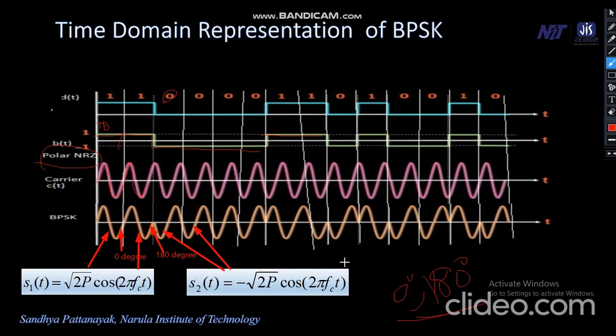So the phase shift at the junction over here is equal to 0 degree. So when the consecutive bits are the same, the phase shift is 0, and when the consecutive bits are different, the phase shift is 180 degrees. So in BPSK we observe two phase shifts: one is your 0-degree phase shift and the other one is your 180-degree phase shift.